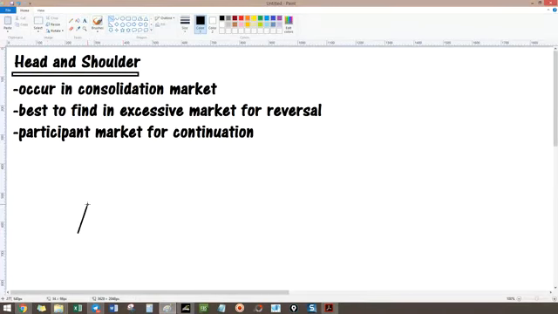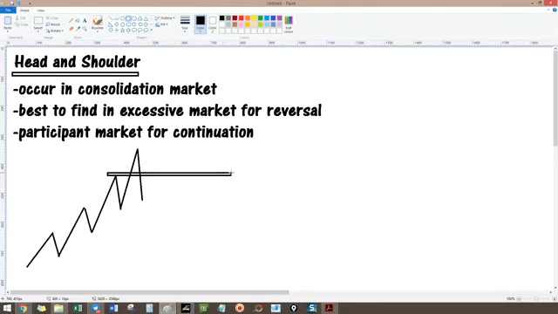All right. It would look something like this. You have a trendy market like this, 1 and a 2 and a 3 and a 4 and a 5 and a 3. Something like this. And then you have something like this. One, two.